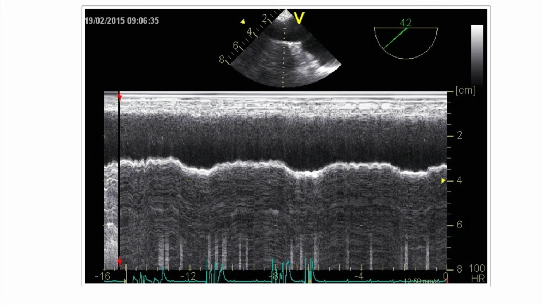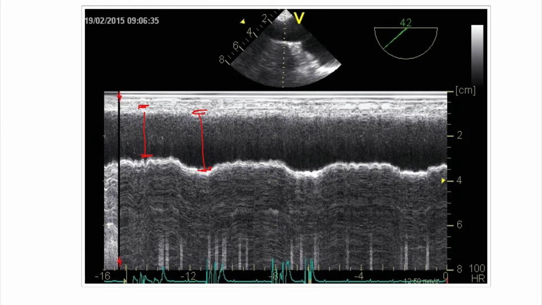To make it easy, we need two diameters, the smallest one and the biggest one. As we can see in our M mode, it's very easy to find them and to calculate. Here is the smaller diameter, and this is the inspiration, and here you see the bigger diameter, and this is the expiration.